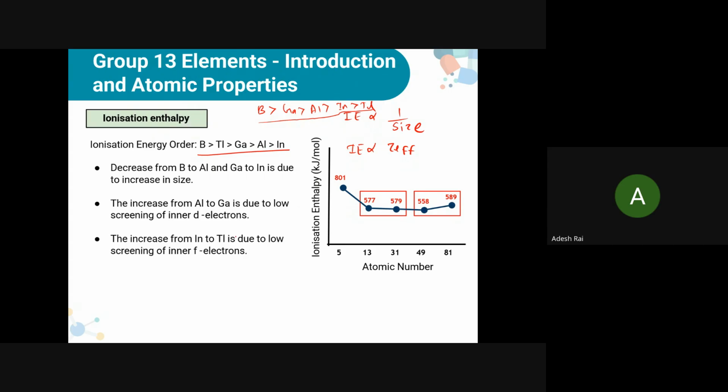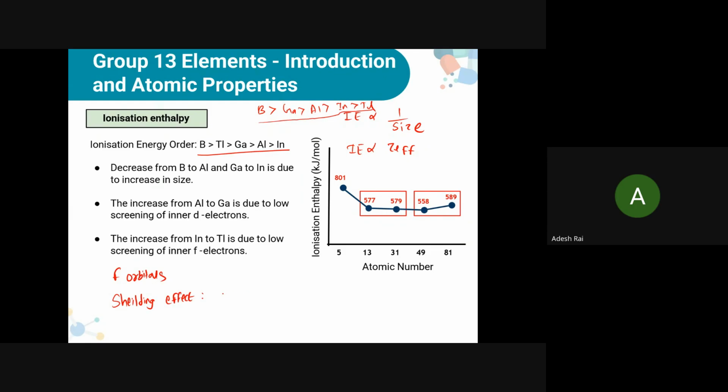The increase from indium to thallium is due to low screening of inner f electrons. So in lanthanides, when they arrive, they have electrons in f orbitals, yes or no? Now the shielding effect.